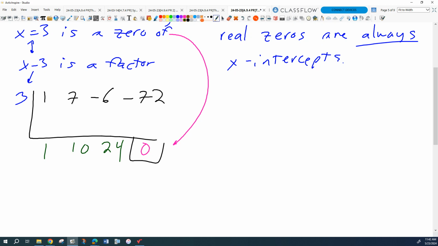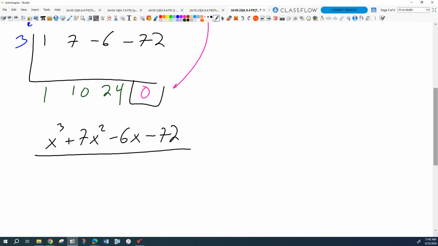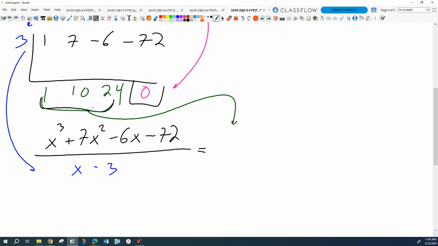Well, didn't that just mean that when we divided x cubed plus 7x squared minus 6x minus 72 by x minus 3, the answer was x squared plus 10x plus 24, right?